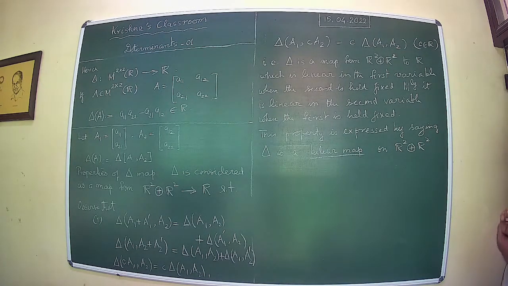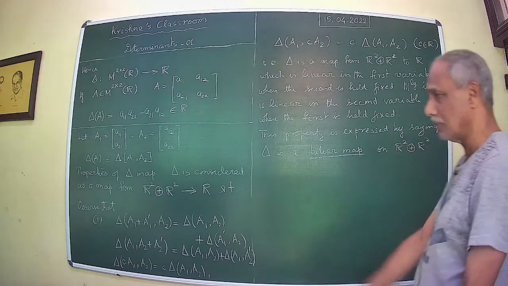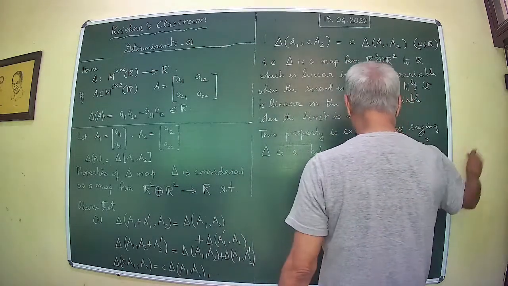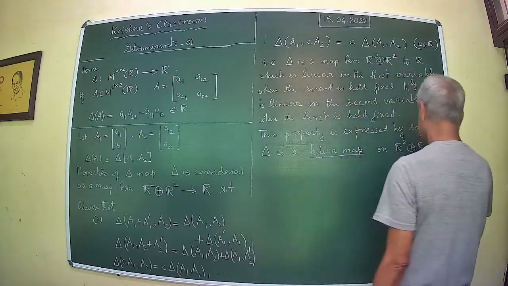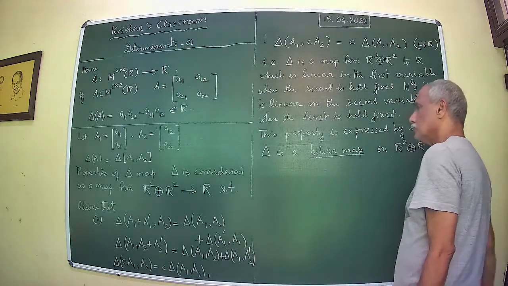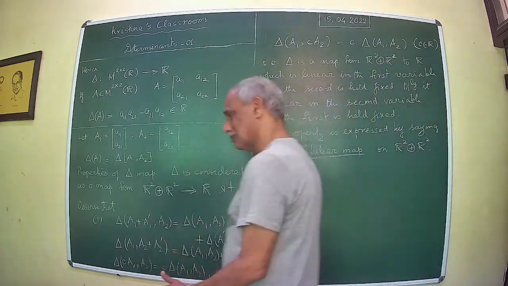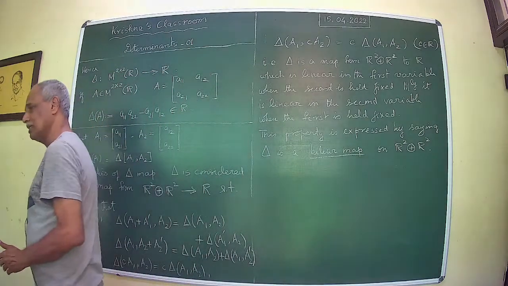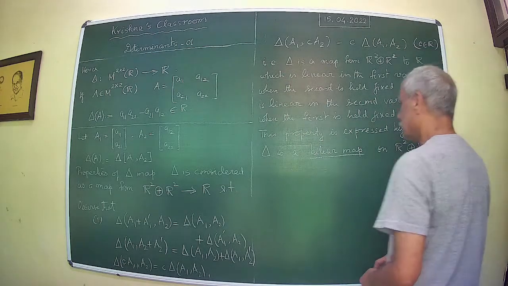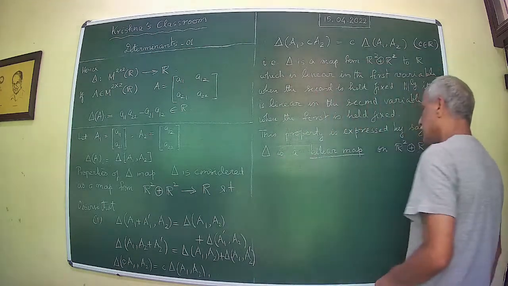That means, see, this is a vector space. It's not considered linear as a map from R2 plus R2 to R. It is linear in the first variable, it is linear in the second variable. So this is one of the special features of this.